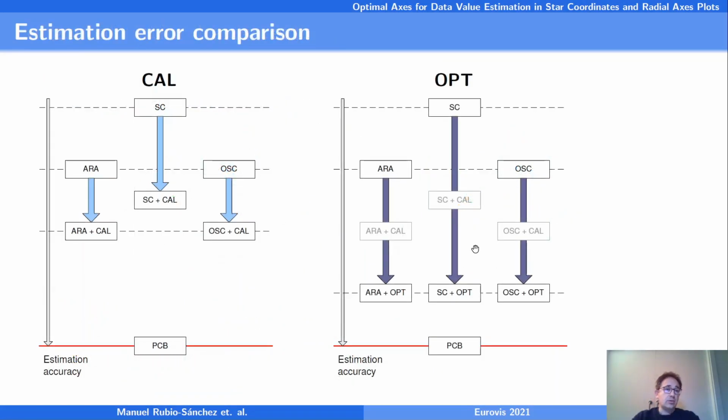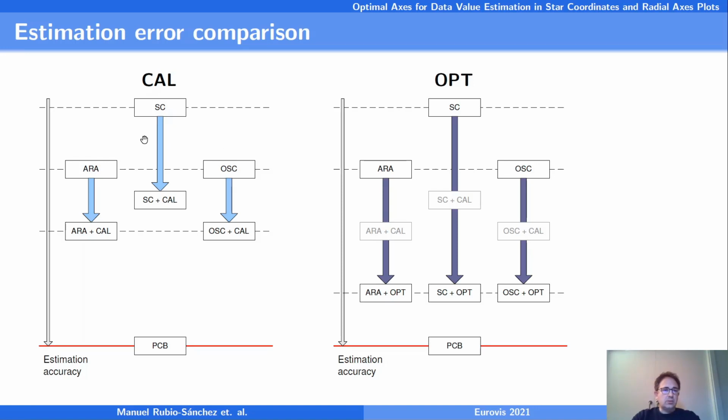In this slide, we show a comparison of estimation error for the three methods. When we apply the calibration approach, the estimates are enhanced, obviously. And you have the same accuracy for ARA as for OSC. The estimates for star coordinates are not as good, as expected, because the estimates for SC are poorer than for ARA and OSC in the first place.